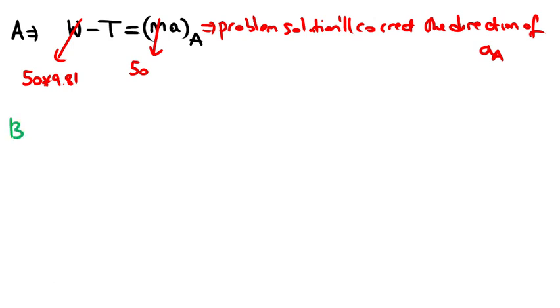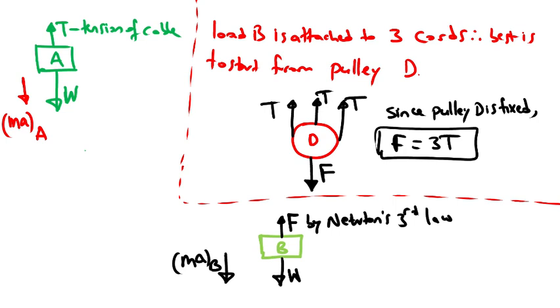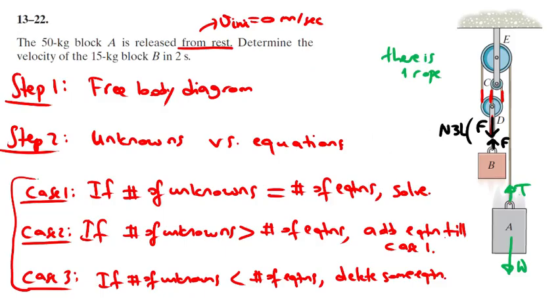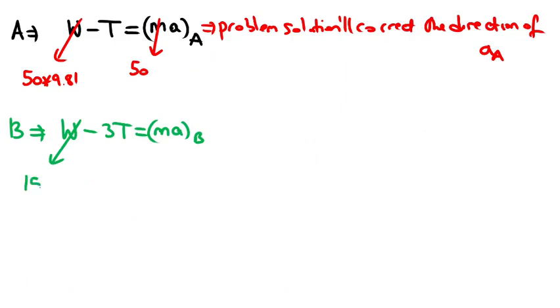For the load B, we will have the weight minus 3T equal to M into A of B. The weight of B is 15 times 9.81, T is unknown, and M is again 15.